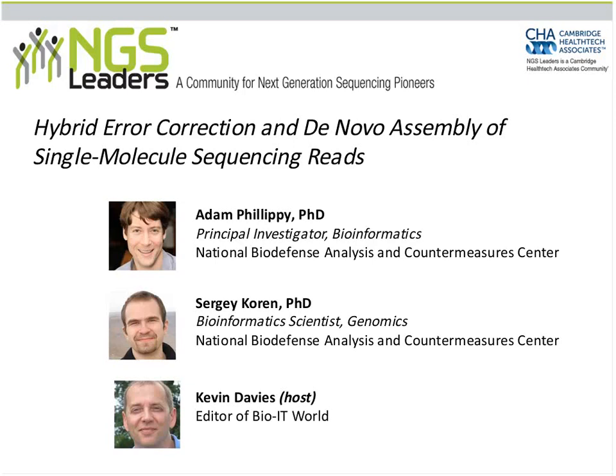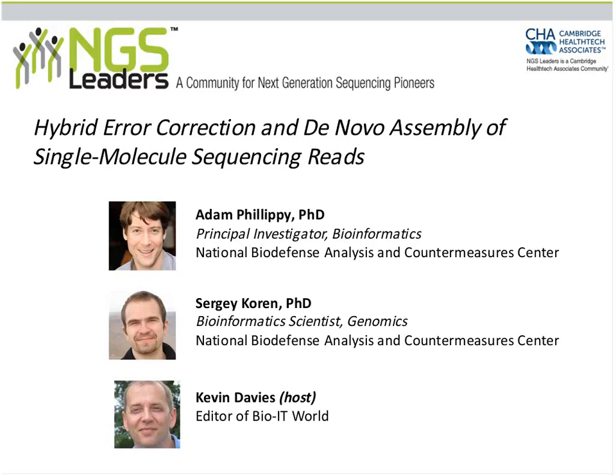So our two speakers are Adam Philippi and Sergey Koren, both with NBACC, the National Biodefense Analysis and Countermeasures Center, as I say, in Frederick, Maryland. Adam is principal investigator in bioinformatics, which means he is the leader of the computational genomics group.